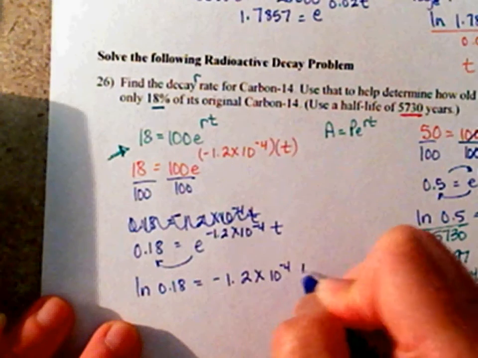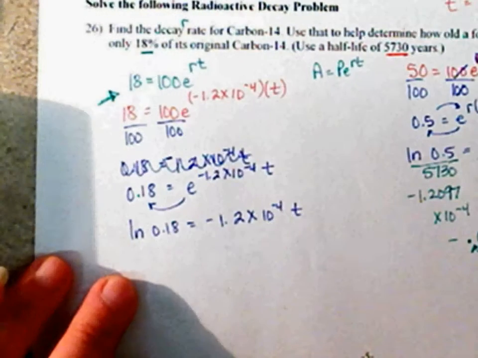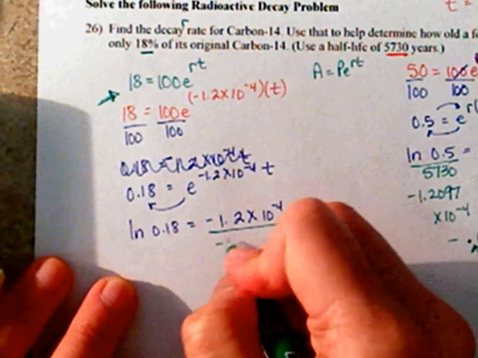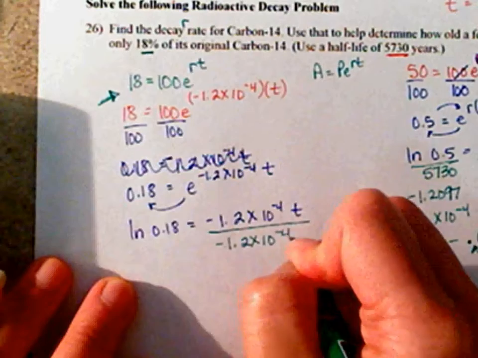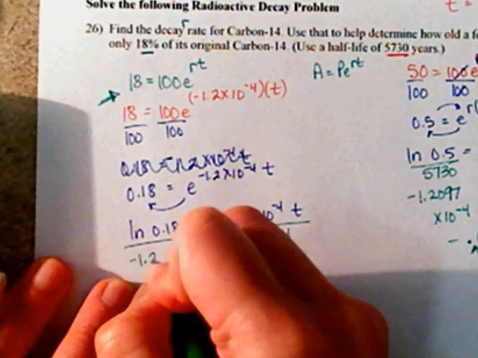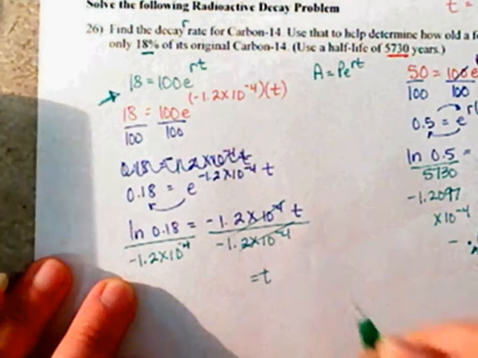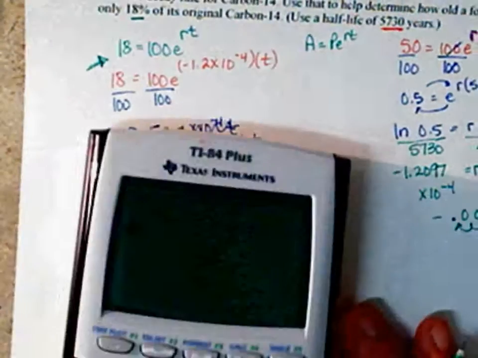Okay, now how do you solve for t? You divide both sides by negative 1.2 times 10 to the negative 4. What you do to one side, you do to the other side. So t is equal to, so let me show you how to type this in correctly into your calculator.